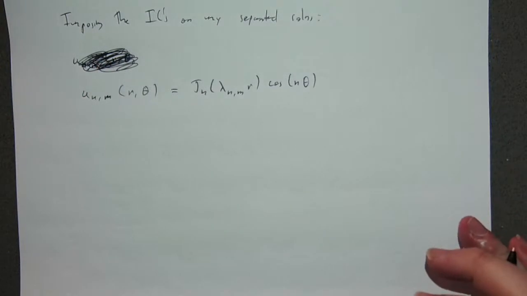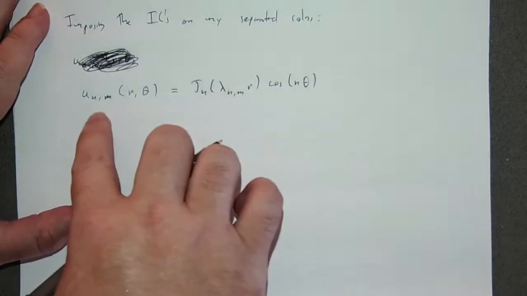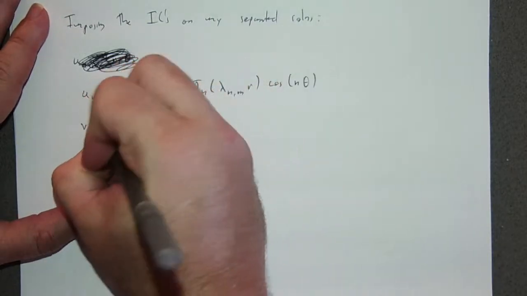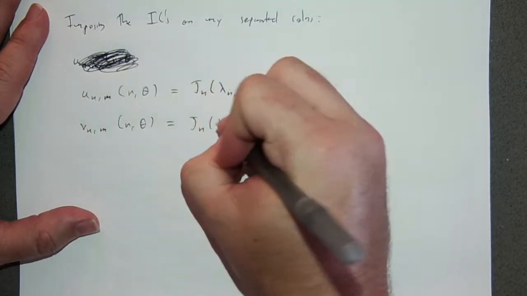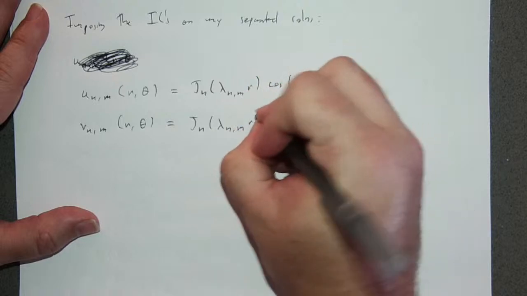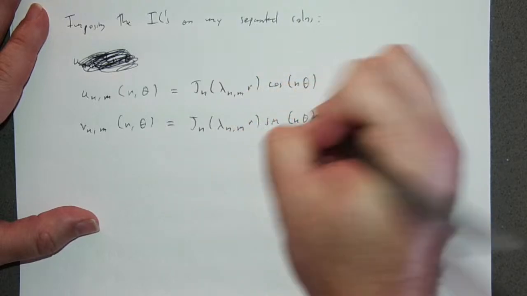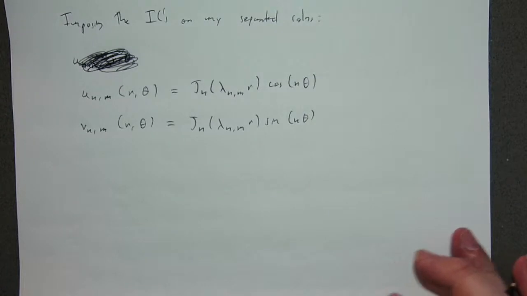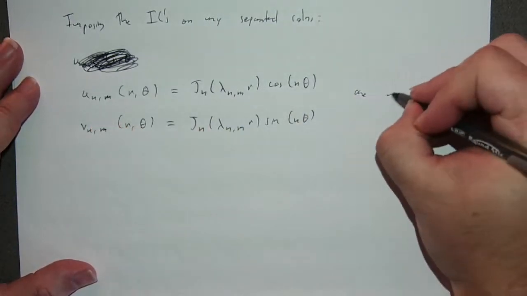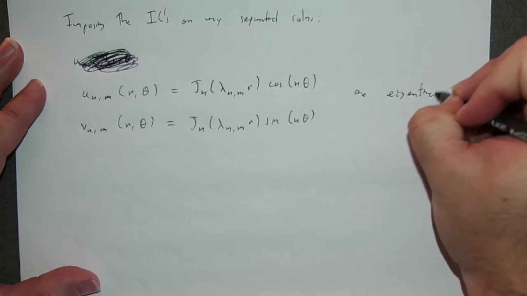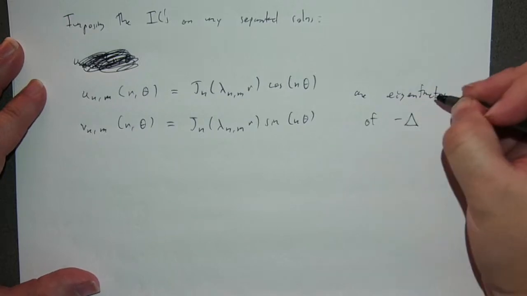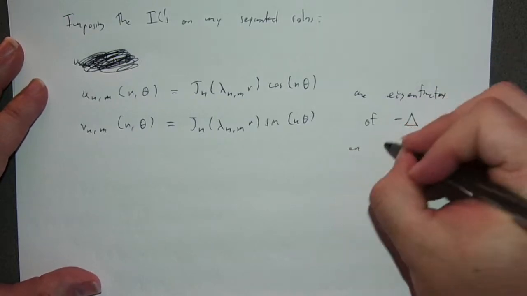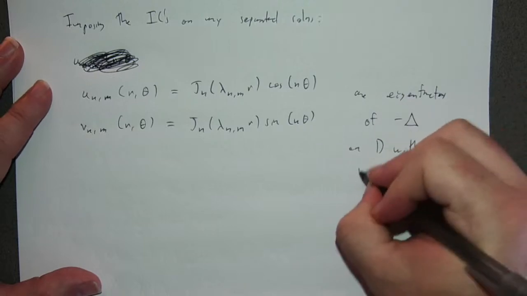And I'm going to get a product here between this and v sub nm, we'll call it r theta, which is Bessel function times sine of n theta. These are eigenfunctions for minus the Laplacian on D with Dirichlet boundary conditions.